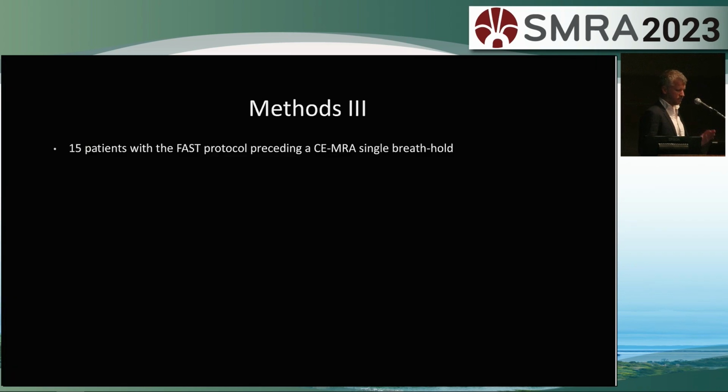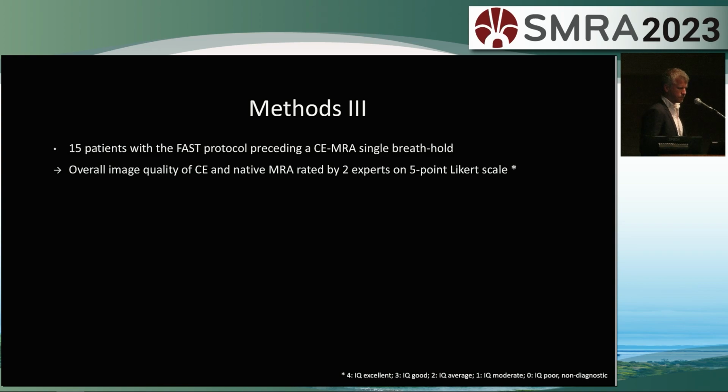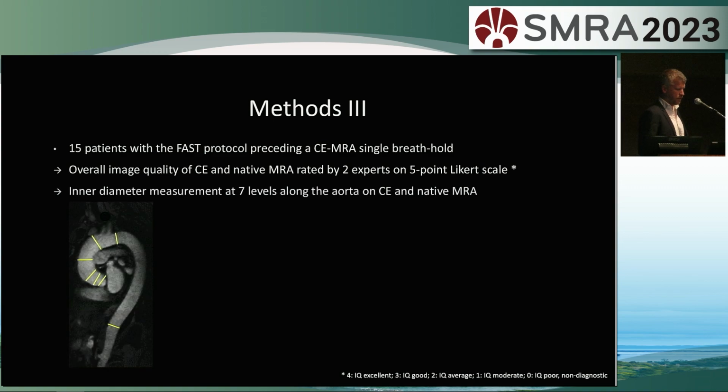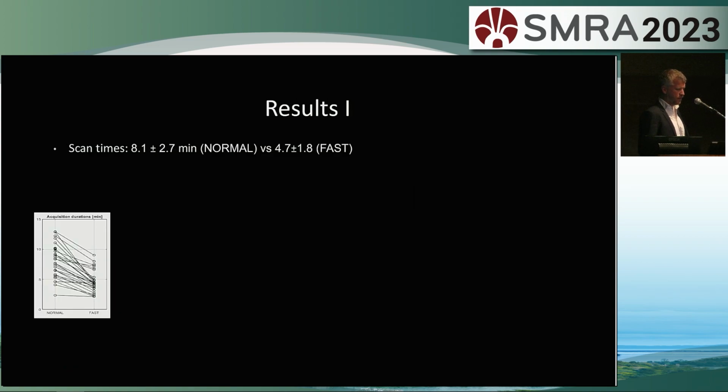As a second step, 15 patients were scanned with a fast protocol preceding a clinically indicated contrast-enhanced first-pass bolus MRA in a single breath hold. There again, only the overall image quality was rated by two experts, and additionally quantitative measurements of the inner diameter of the aorta at 7 levels along the aorta were made on the fast and on the contrast-enhanced MRA.